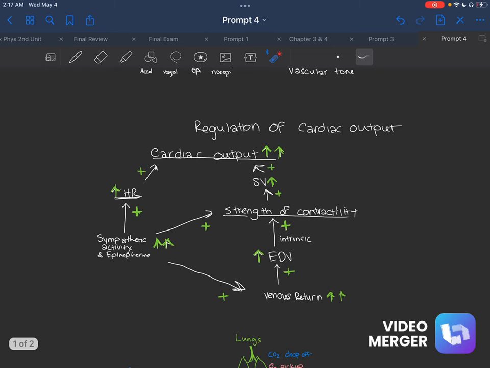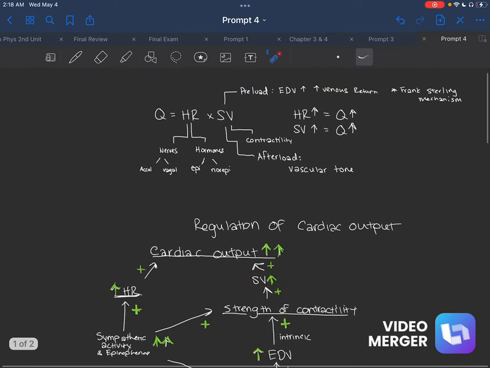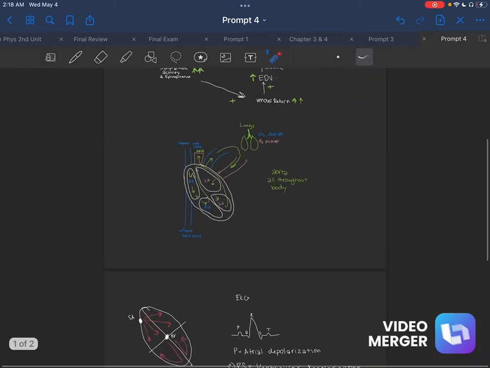The reason it affects stroke volume is the correlation with the sympathetic system and epinephrine. Increasing the strength of contractility increases the stroke volume. So you'll see how exercise also affects the stroke volume.